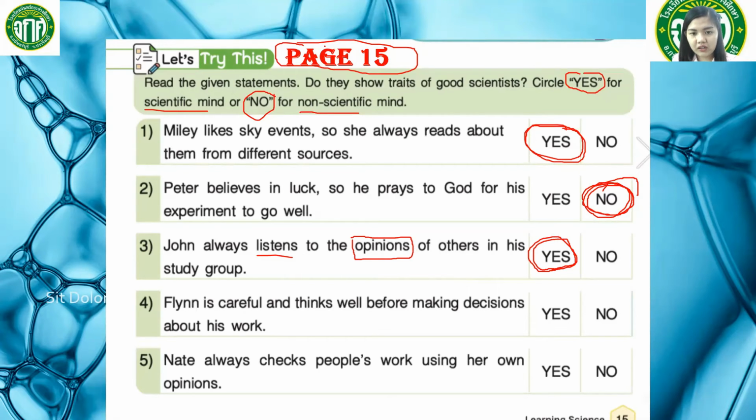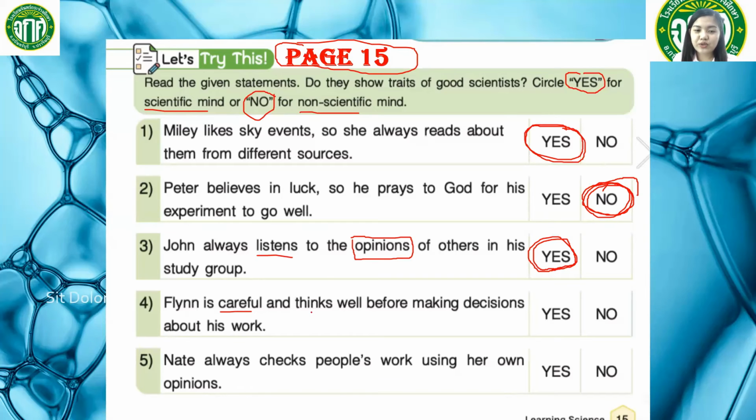Okay, how about number 4? Let me call on Irene. Irene, please unmute yourself. Number 4, Flynn is careful and thinks well before making decisions about his work.